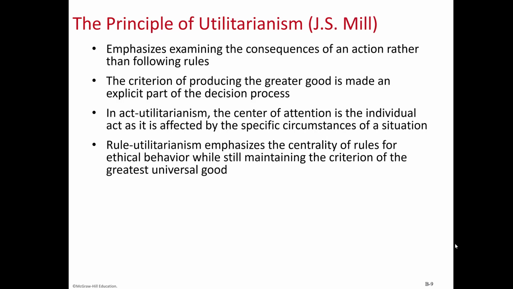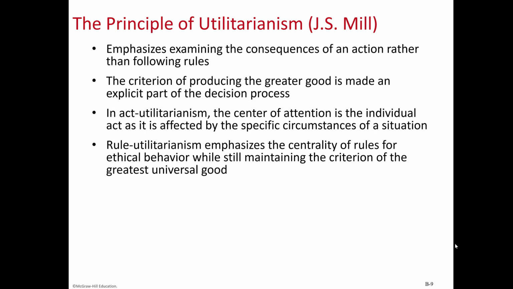Now we have the principle of utilitarianism, and here we're actually looking at the consequences of action rather than the rules. Here, the criterion of producing the greater good is the main explicit part of our decision process. So in this particular act of utilitarianism, the center of attention is the individual and how they are affected by the specific circumstances.